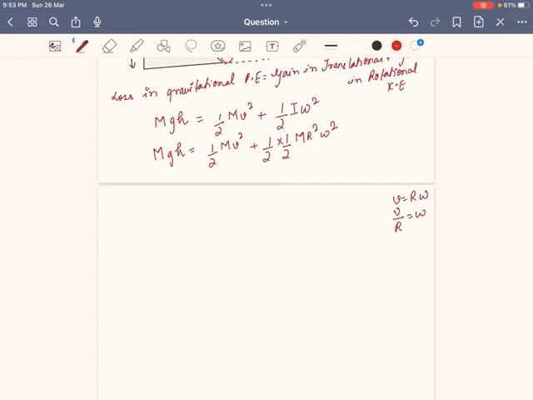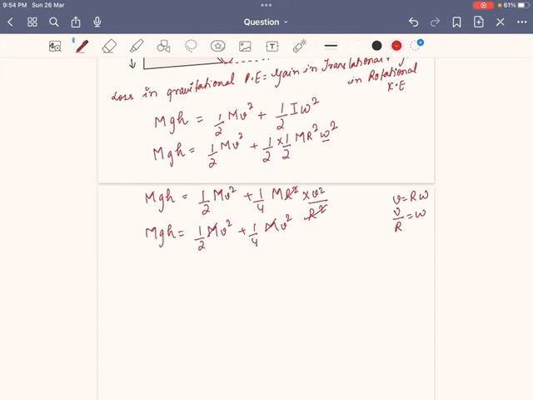So we're going to replace the omega value with v by R. So now my new equation becomes half mv square plus 1 over 4 capital M R square v square over R square. These two got cancelled. Now the equation is mgh equals half mv square plus 1 by 4 mv square.